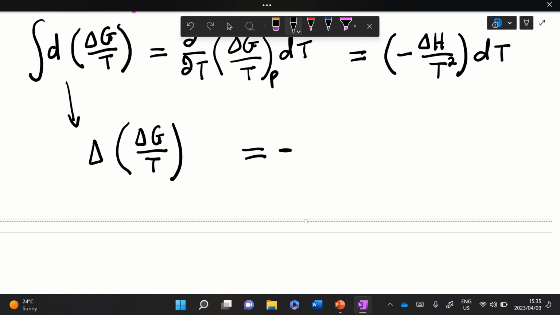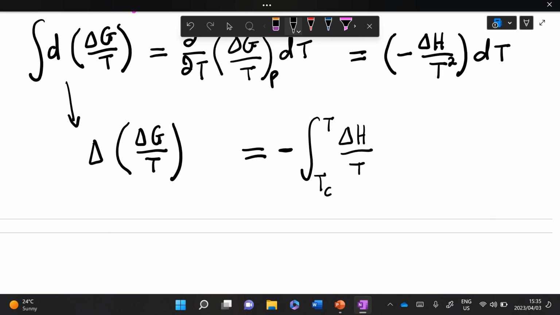So the minus goes into the front, and first we're going to call the two temperatures Tc and T, which we're going to integrate between. Then we have delta H over T squared dT.